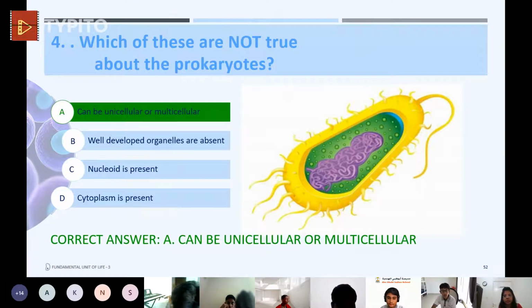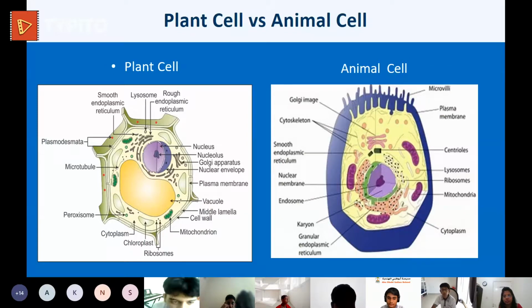Now, here we can see two kinds of cell, plant cell and animal cell. What are they, prokaryote or eukaryote? Ma'am, eukaryotes. Eukaryote. Can you draw these two diagrams in your notebook? Plant cell, animal cell and the bacterial cell or the prokaryotic cell that is there in your book.